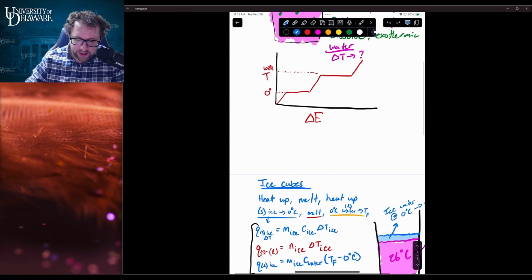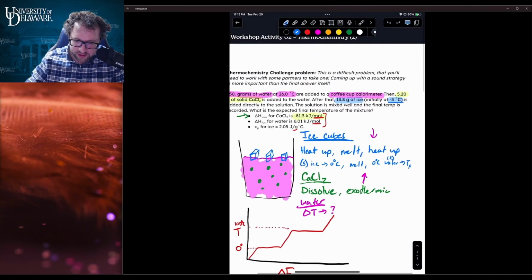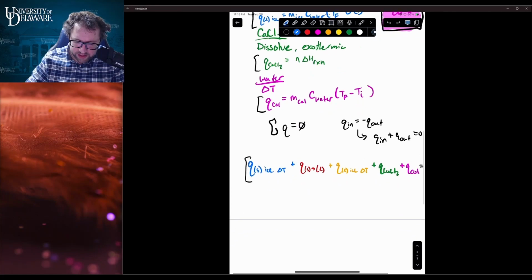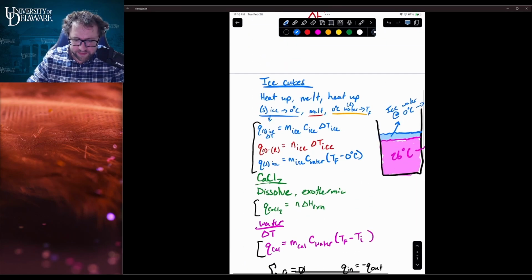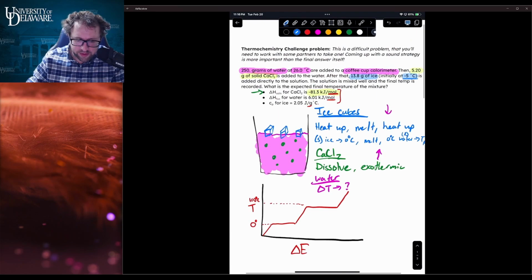So we have how much ice? 13.8 grams of ice. And this is going to be a very large equation, right? Remember that specific heats are phase dependent.